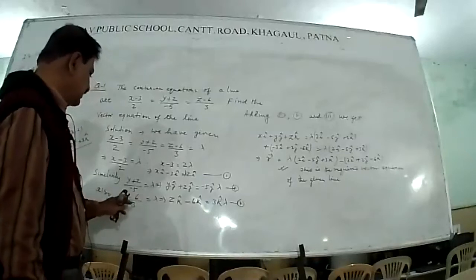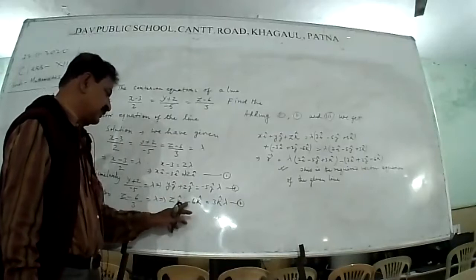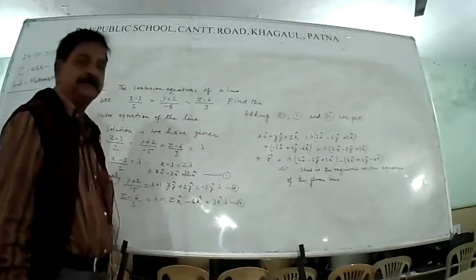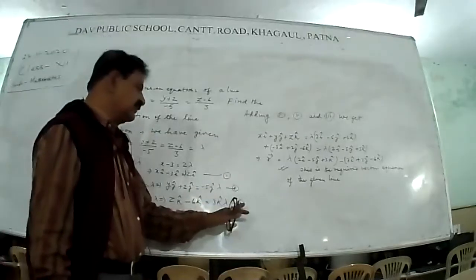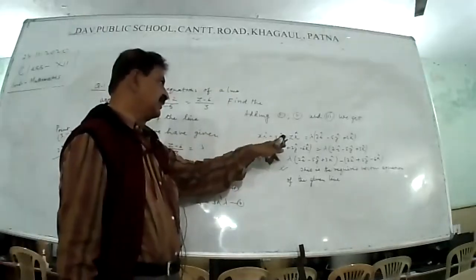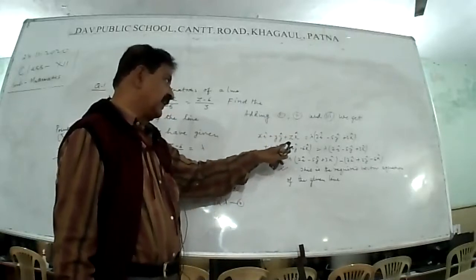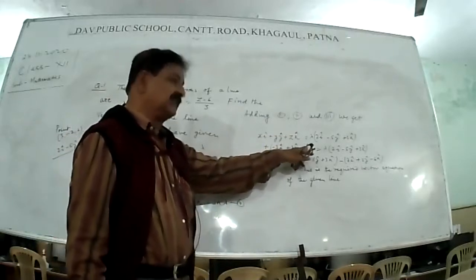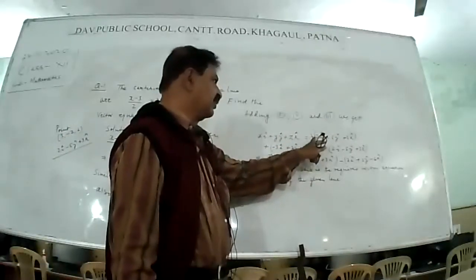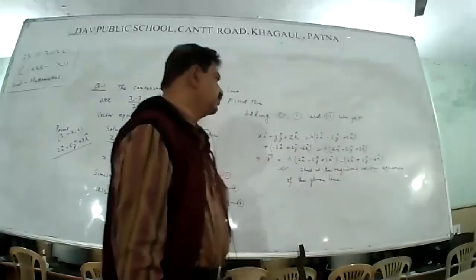And similarly, (z minus 6)/3 is equal to lambda. This implies z k unit vector minus 6 k unit vector is equal to 3 k unit vector lambda. And let it be equation third. Adding all these three equations, we have x i plus y j plus z k plus minus 3 i plus 2 j minus 6 k is equal to, taking lambda as common, 2 i minus 5 j plus 3 k.